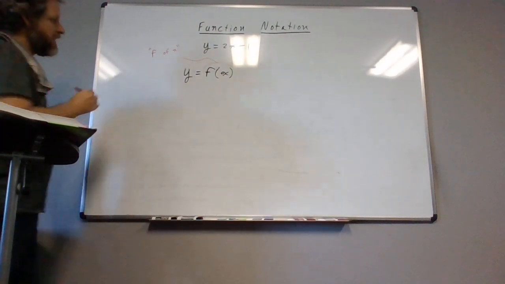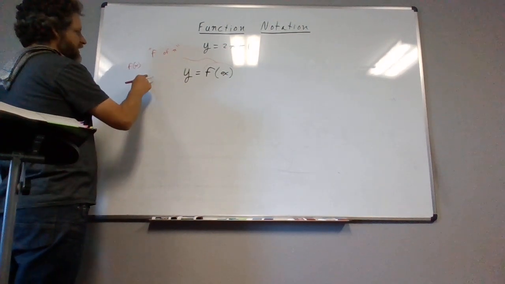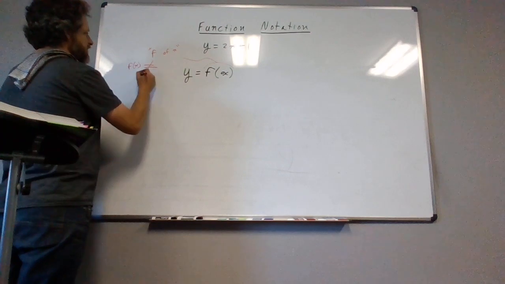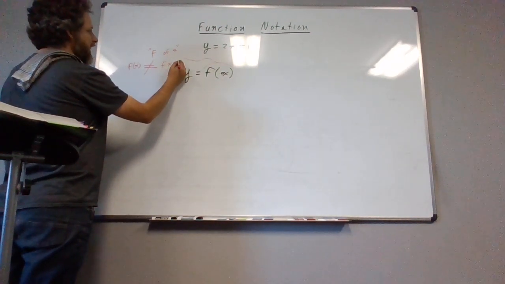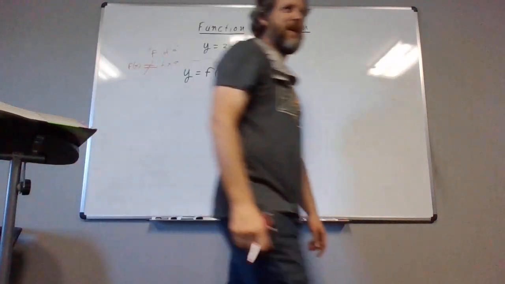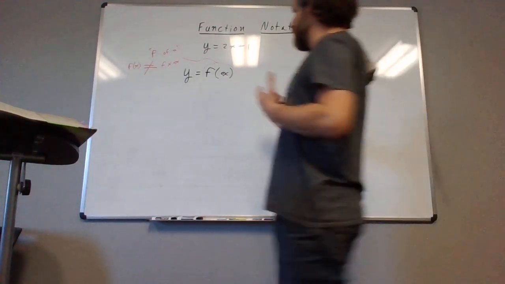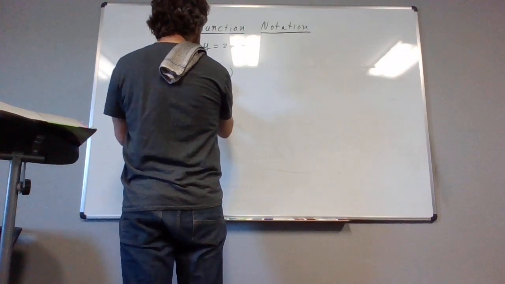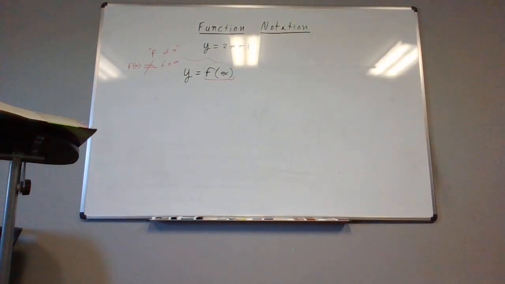Pitfall number 1: this is not f times x. That is not what this means. That f is not multiplied. It is important to understand that this whole thing is an entire variable by itself. So f of x is one thing, not two things.